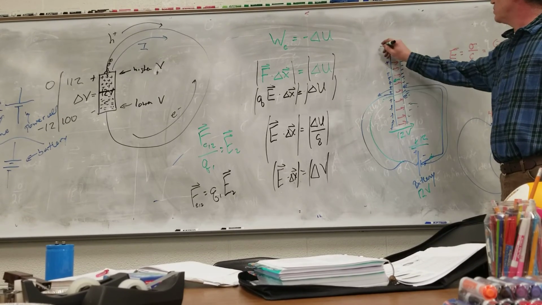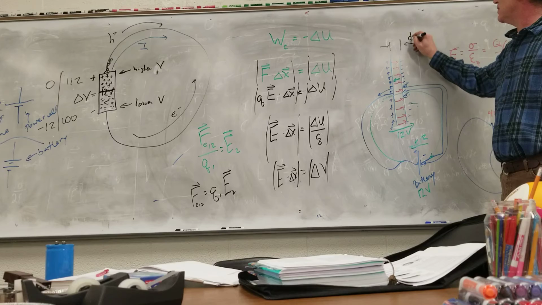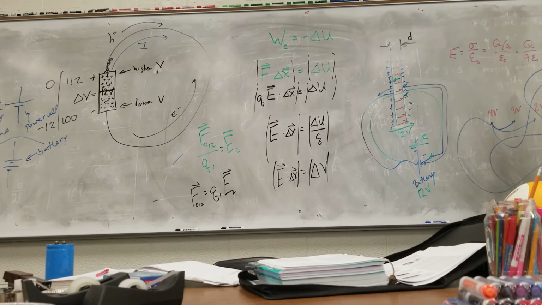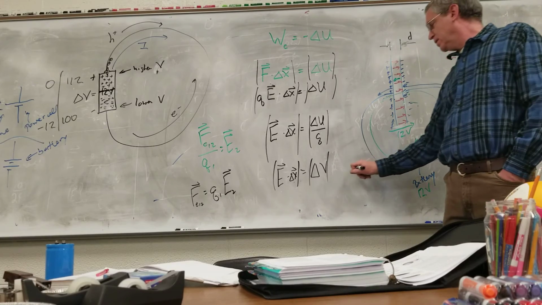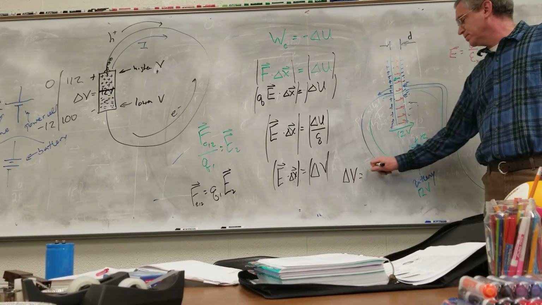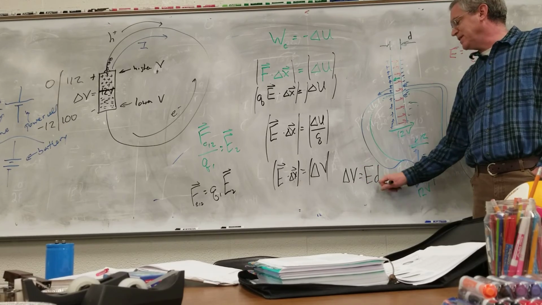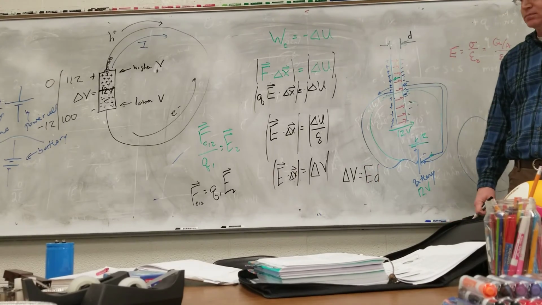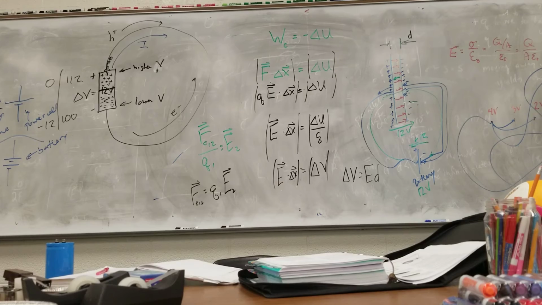So if I say the distance between them is the distance d, ignoring signs, my voltage should be the electric field times the distance between them.